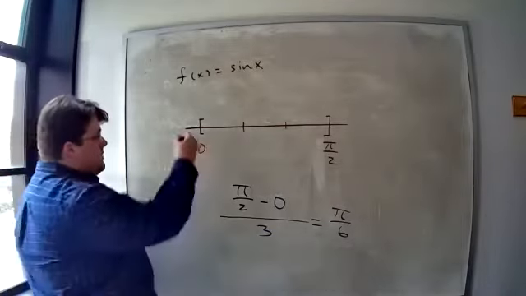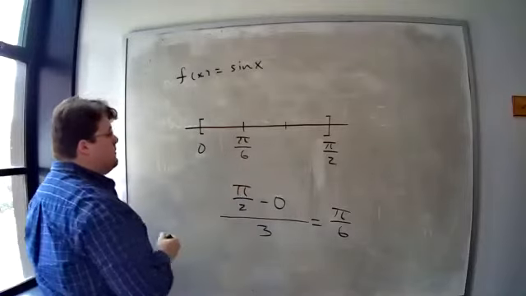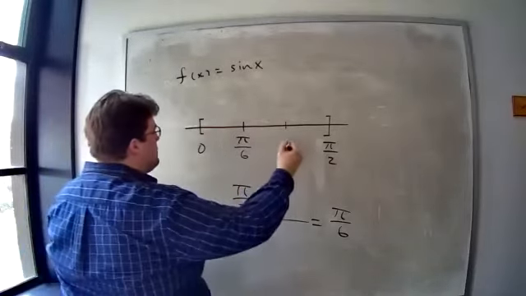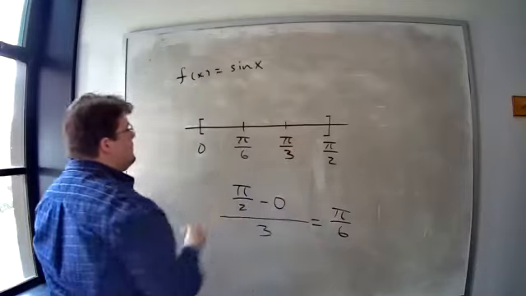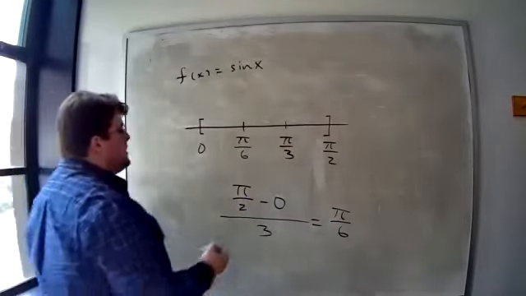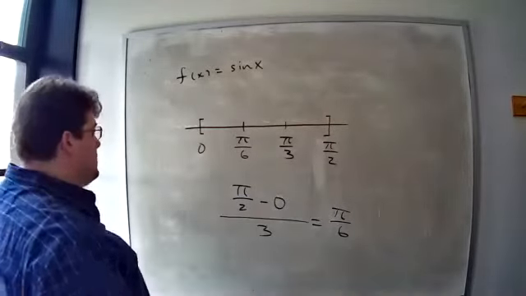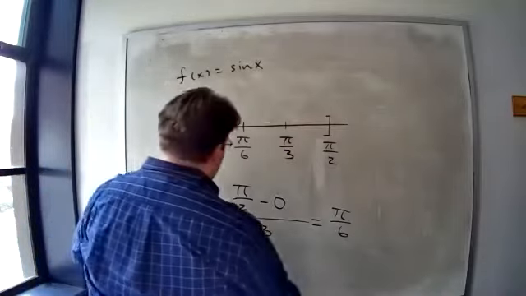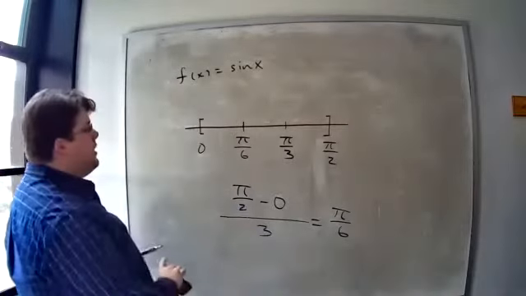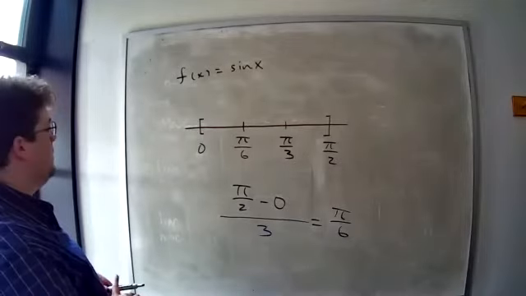If each of these lengths is pi over 6, then this one is 0 plus pi over 6, which is pi over 6. The next one is pi over 6 plus pi over 6, which is 2 pi over 6, pi over 3. And the last one, 2 pi over 6 plus another pi over 6, 3 pi over 6, which is pi over 2. Any questions about getting those x values?